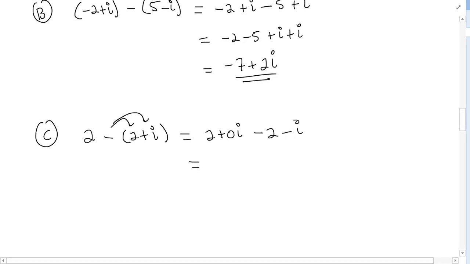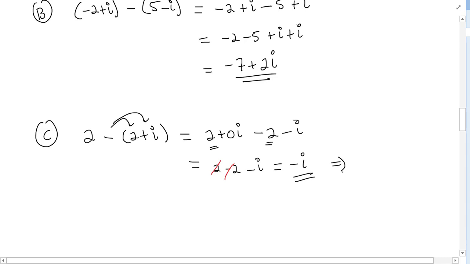So 2 minus 2, those actually end up canceling, right? When I combine the real parts, I have 2 minus 2, plus the imaginary parts, that's 0 minus i, so I just get minus i. The real part goes away, and we're left with just minus i. So this will be the answer.